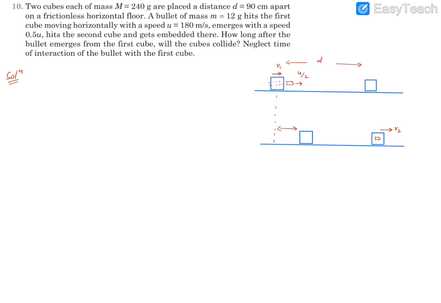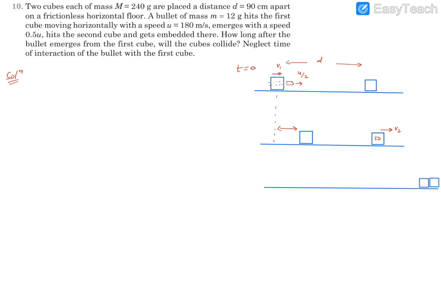From here t equals 0 starts, and then we need to find how long it will take for these two to collide. In the third figure, these two blocks will be meeting somewhere far apart. We need to find the total time from this to this.